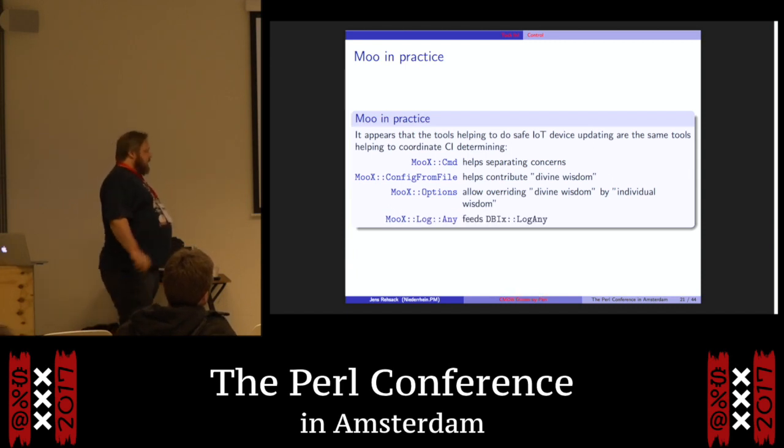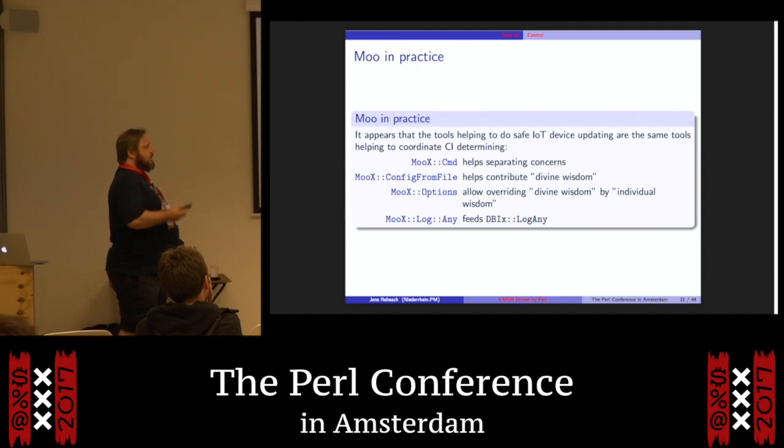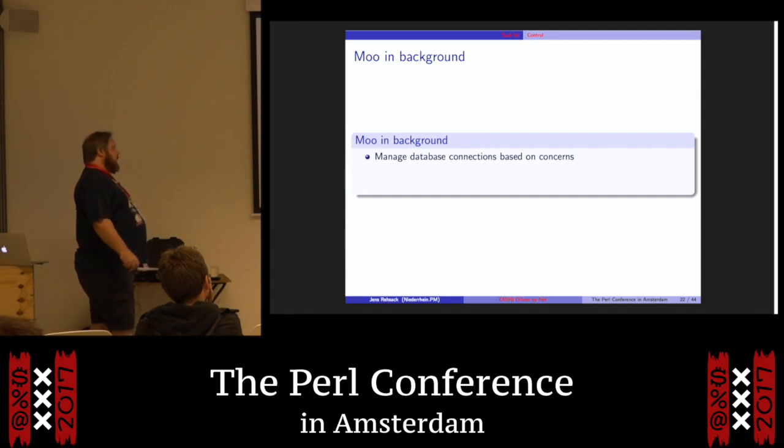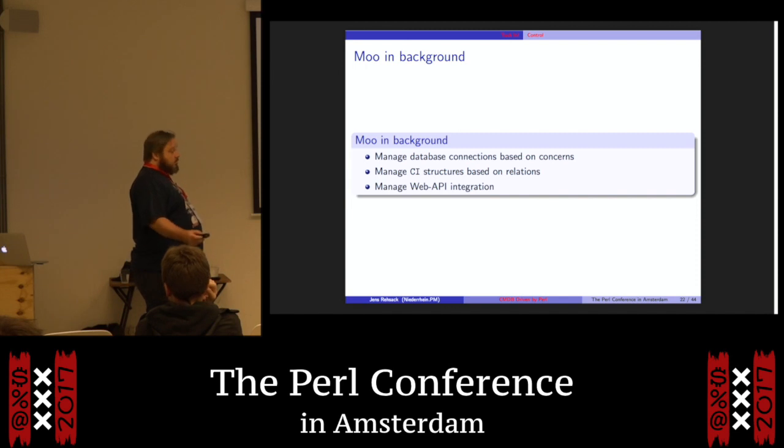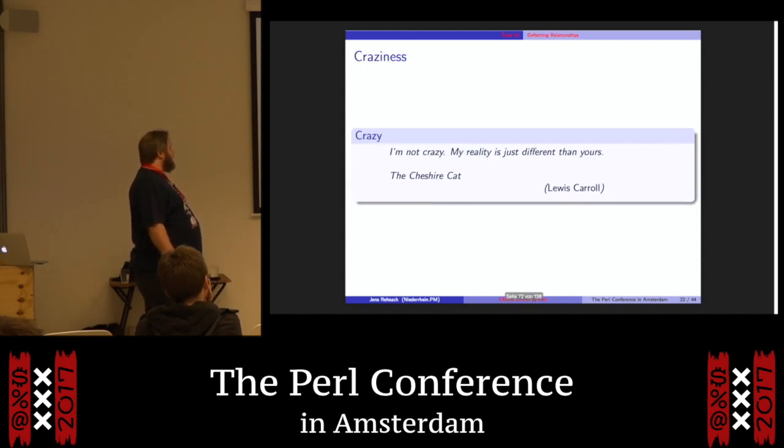And yeah, we also need the logging, a configurable logging, because you need to know during developing what goes wrong, and you are not allowed to have customer data in log files in production. We are using Mu to manage our database connections, manage our CI structures and relations, and finally REST API integration.